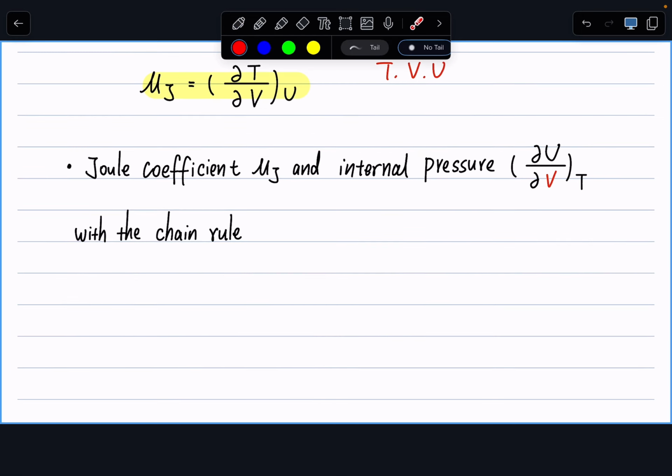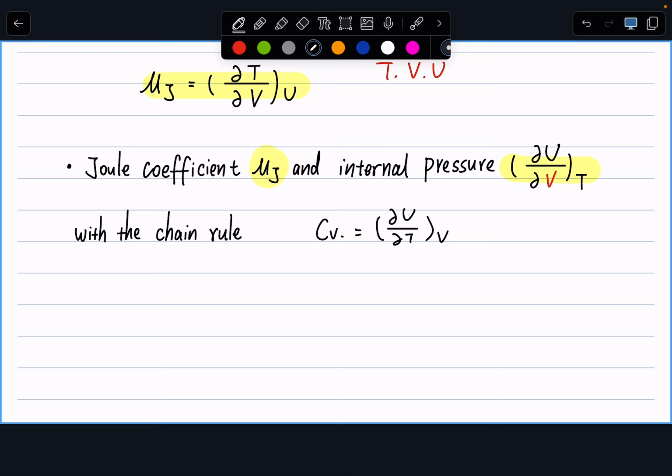So if we write out the chain rule, we can then write out a relationship between the Joule coefficient, internal pressure, and also our heat capacity, CV. So for example, we could ask you to write out an expression of internal pressure using our Joule coefficient and the heat capacity CV.